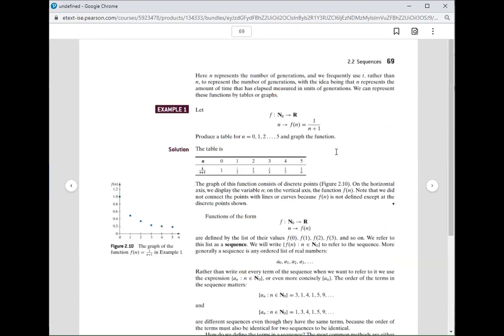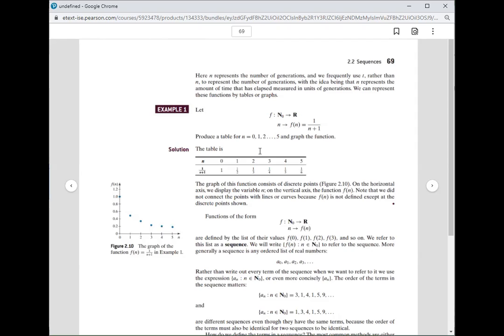So for example, like this one. This is a function from N to F_n. F_n is equal to 1 over n plus 1. So you start with 0.